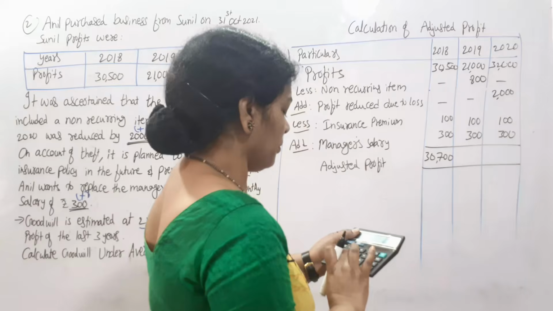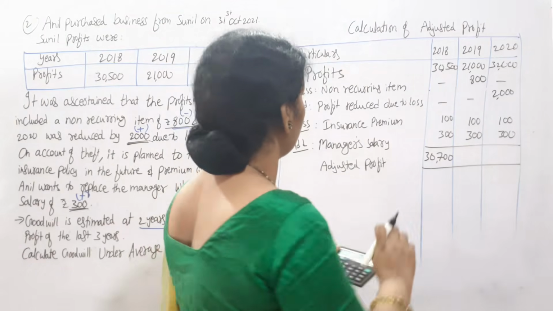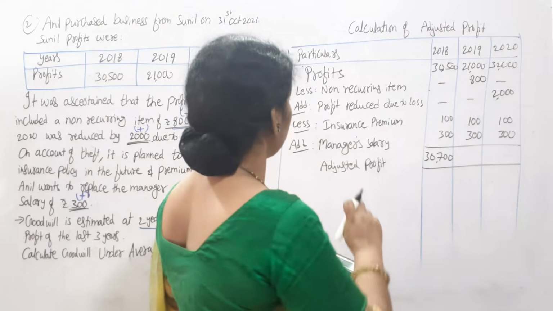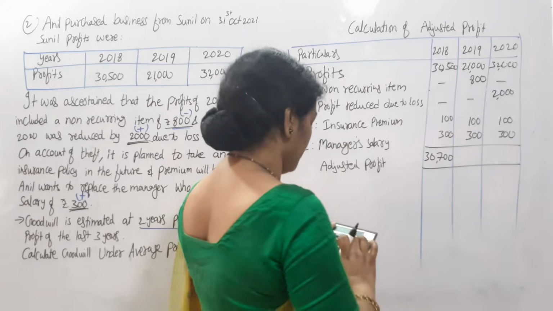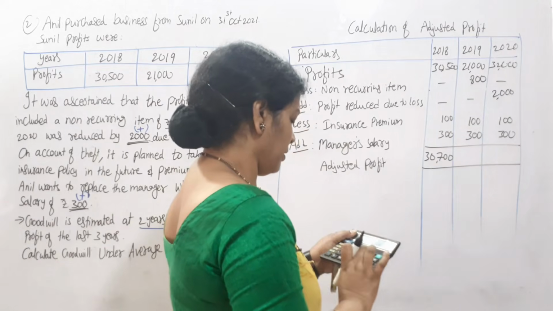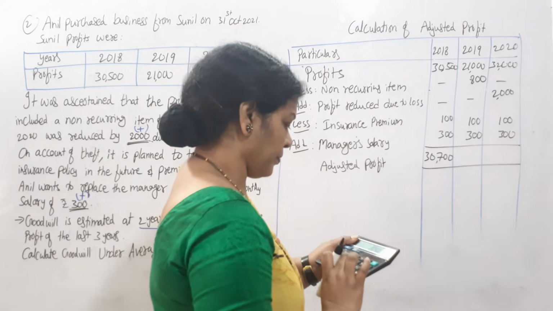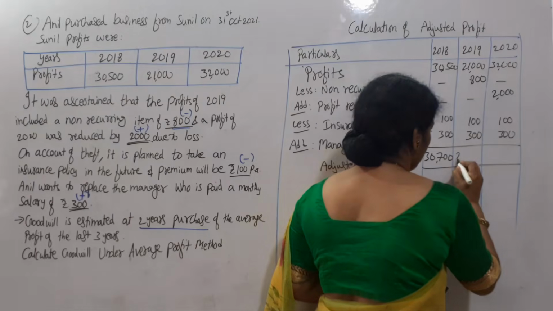Second one is 21,000. To this, deduct 800, deduct 100 and add 300. It is 20,400.